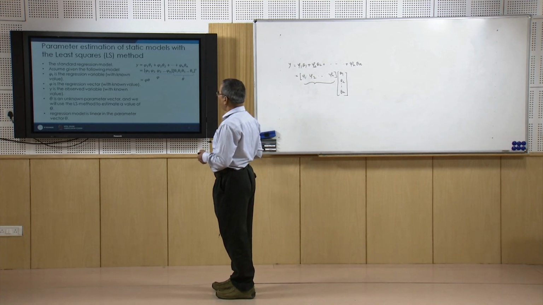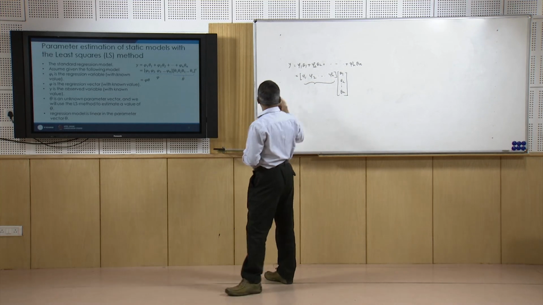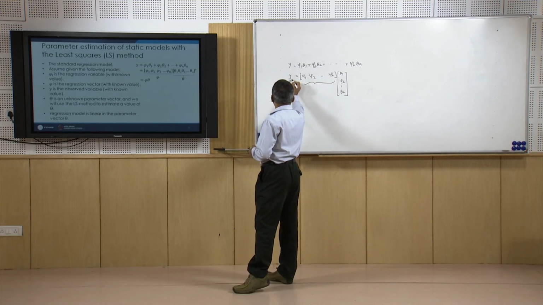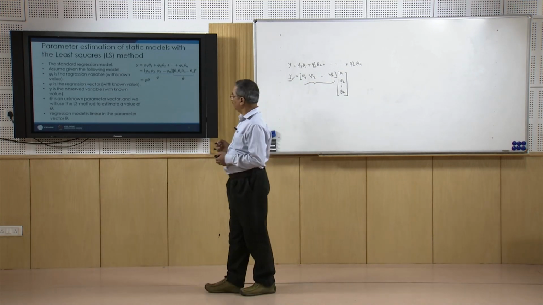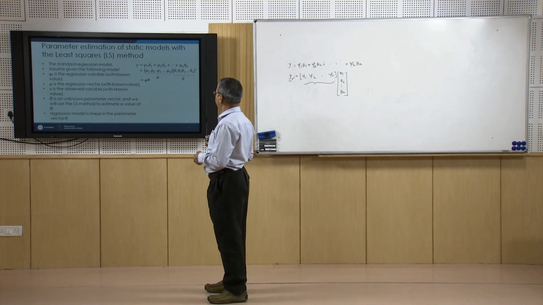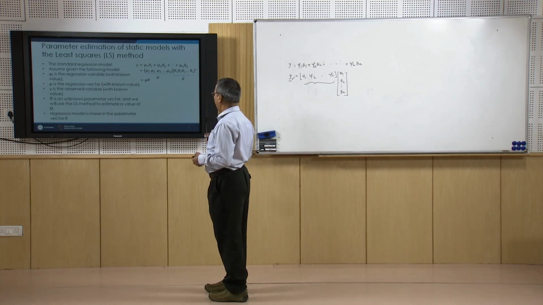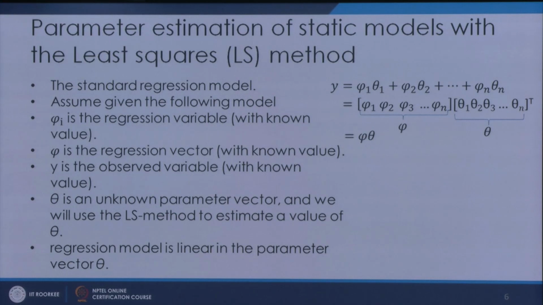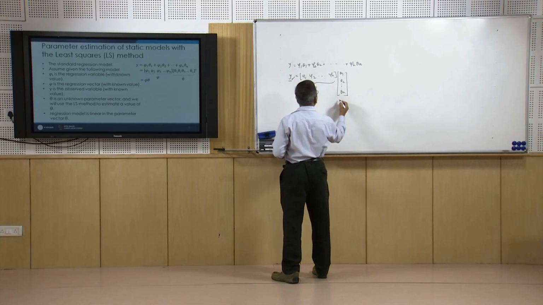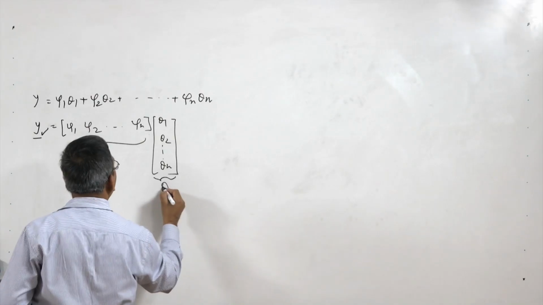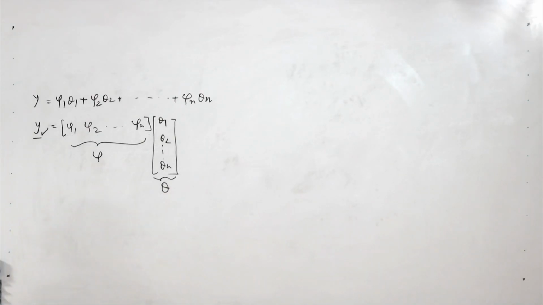Y is the observed variable, and we know this variable too. Theta here is the unknown parameter vector, and we will use the least square method to estimate the values of theta. The phi's can be represented in short by psi, and the thetas in short by theta.